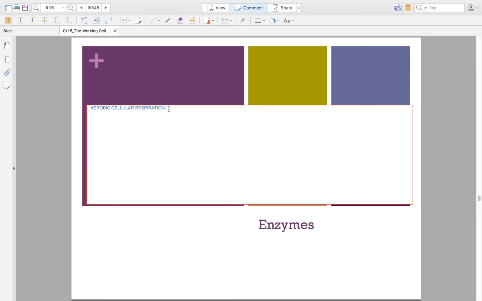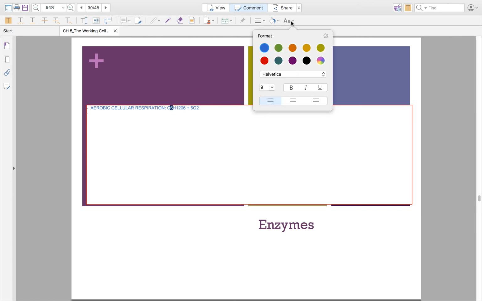C6H12O6. That is glucose plus 6 oxygen, O2. I do know how to do it. I believe I can make this small.